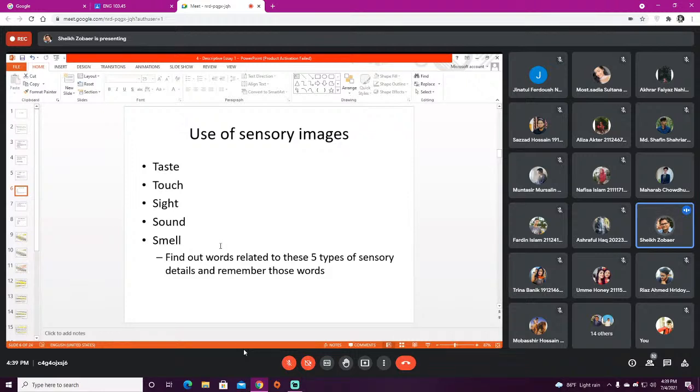That is, I would say, a clever way of introducing this image. But usually when it comes to description of a person, sight and sound are probably the most relevant ones. So depending on what you're describing, you'll decide what kind of sensory images are relevant, and you can use them.